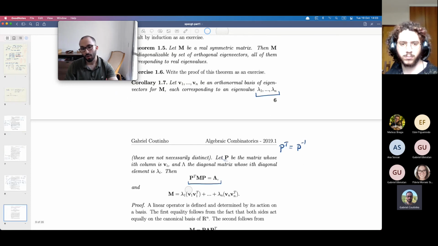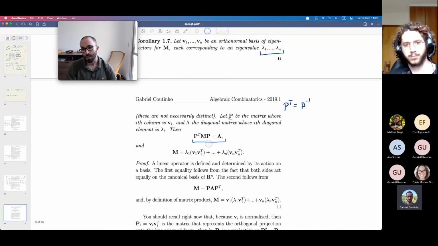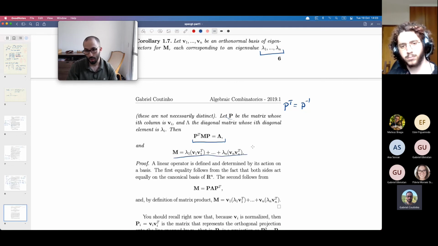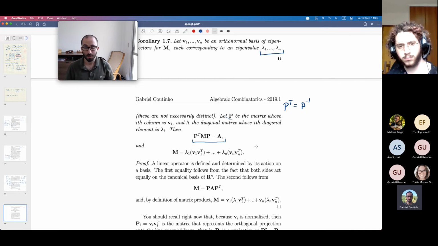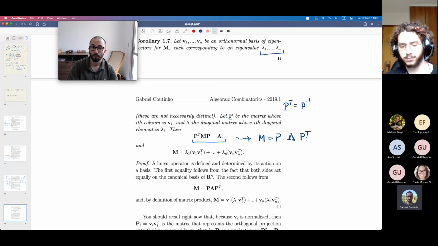And it's not difficult for you to realize that this equation here is equivalent to this expression. This is matrix multiplication, okay? From this, I go to M is equal to P lambda P transpose.